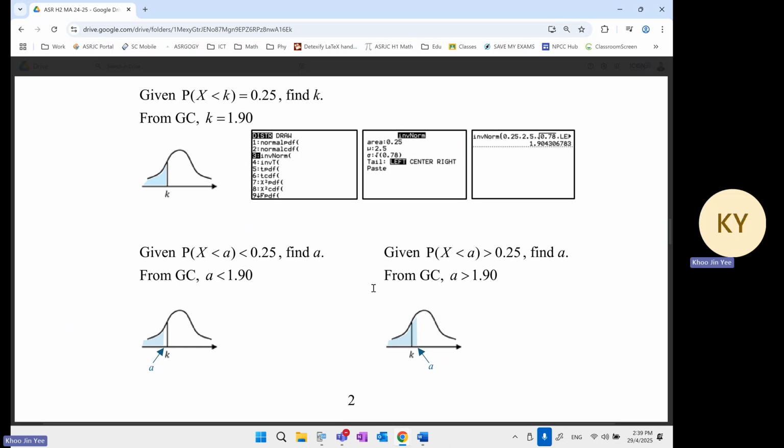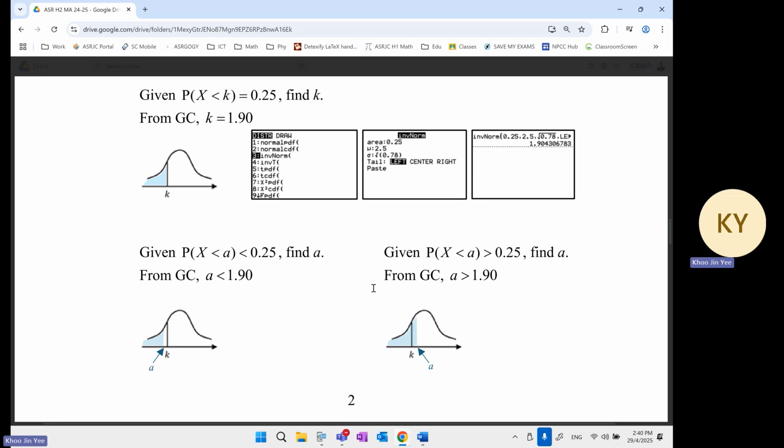Next question to ask yourself: now the area is less than 0.25, so the shading must be on the left-hand side of this k. This also tells me that the unknown A that corresponds to this area must be less than k. So when you're doing inequalities, it will do you good to do a soft sketch of k and your A. Then you can analyze and see that A is less than k.